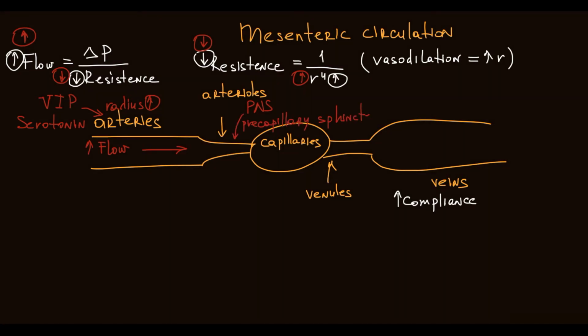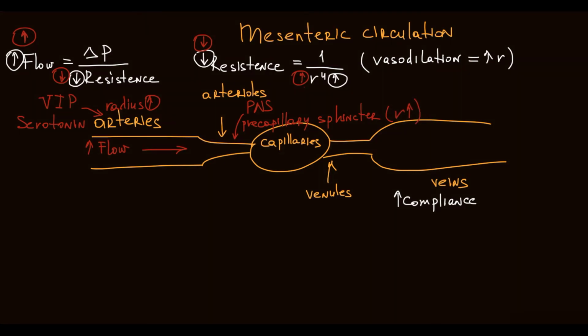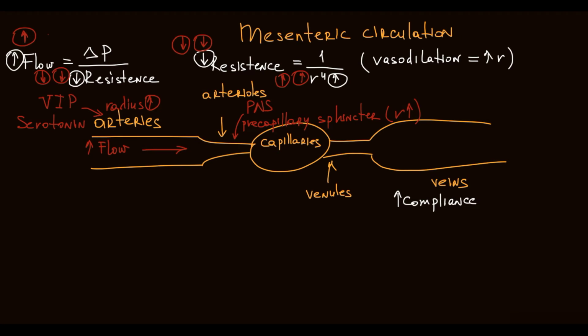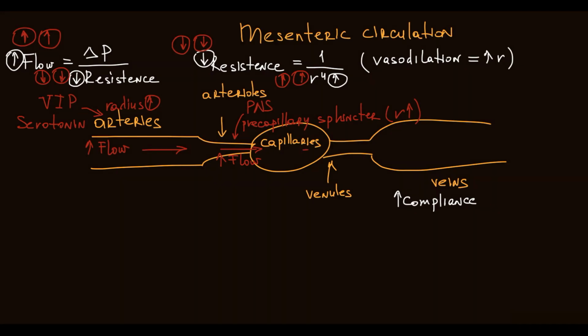So the radius of arterioles increases, resistance decreases, and thereby flow through arterioles increases. So more blood from arteries will come initially to capillaries, then to venules, and finally to the veins. And because veins have very high compliance, they can store a massive volume of blood.